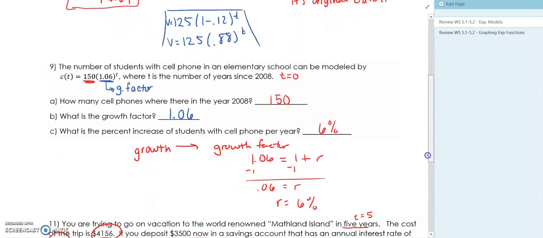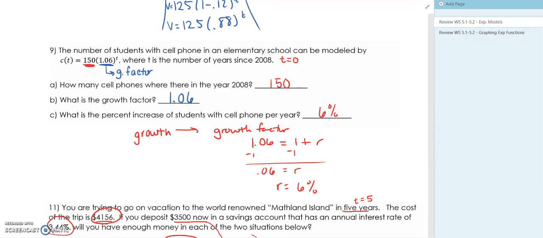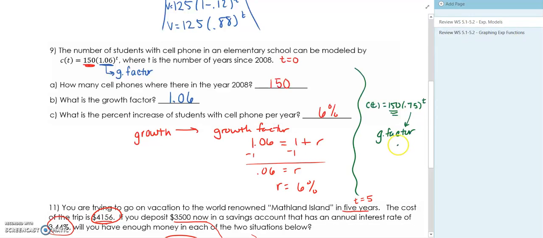And another thing I want to mention is if this particular problem looked a little different, let's say the number of cell phones, people started getting rid of them, was 7.5. And this is what our problem looked like. We would still have the same starting amount, but what would happen is our growth factor, we notice, is a decimal. It's 0.75.